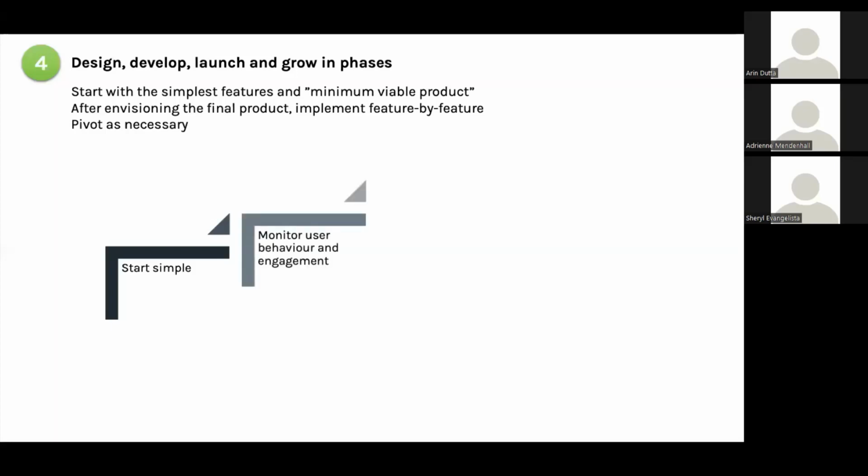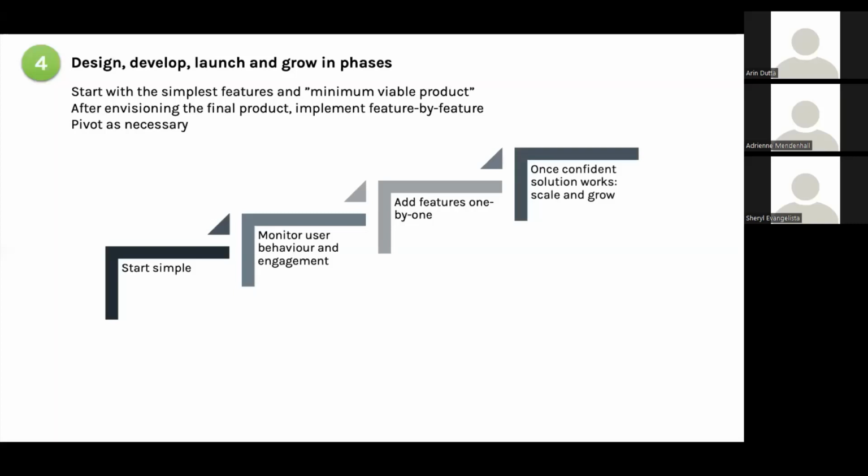And you want to be able to monitor that user behavior and engagement with just your simple product before you add any additional features. Then you're going to add the features one by one and be able to monitor the use, look at any barriers to adoption or any barriers to awareness as well. And then once you're confident that the solution really works, then you can look at scaling and growing the solution.